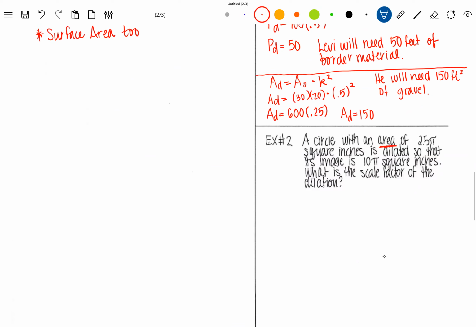So we're talking about area. So the area of the dilation equals the area of the original times, since it's area, scale factor.